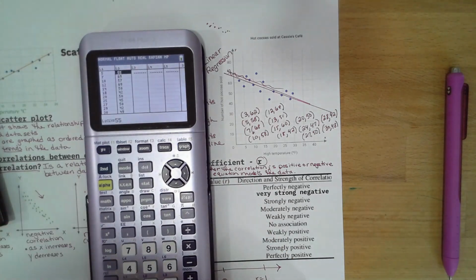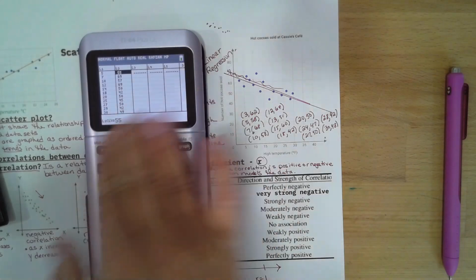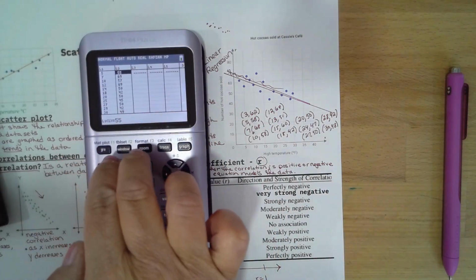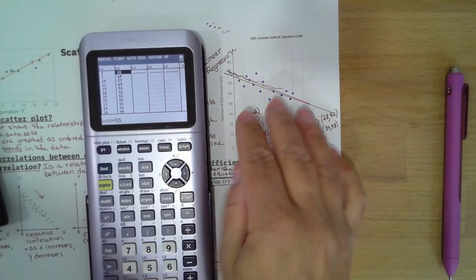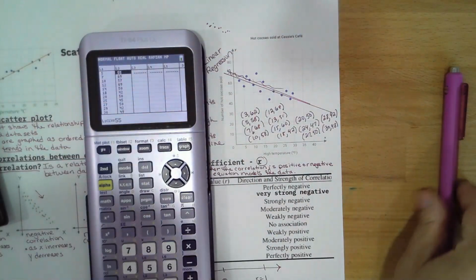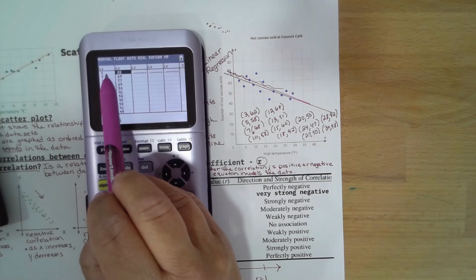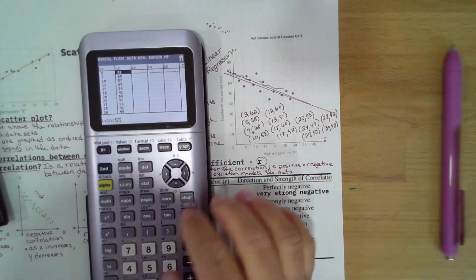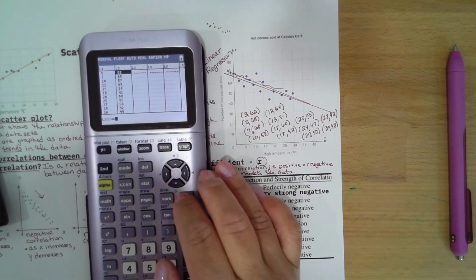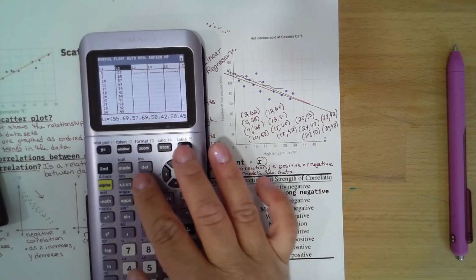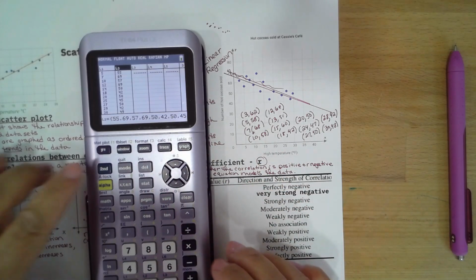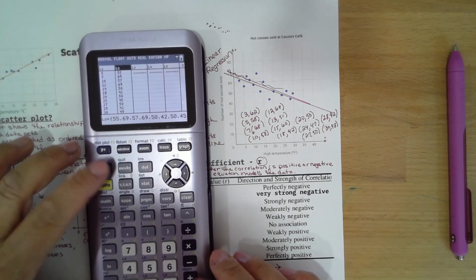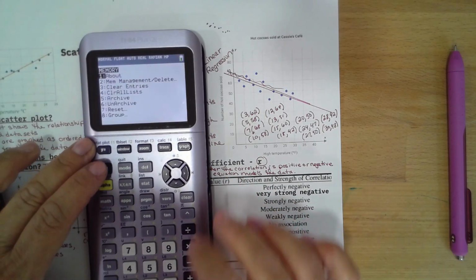and Edit. I actually put in a bunch of points earlier, so I'm just going to pretend I put these points into my table. Now if you want to clear your table, you can literally hit clear. An easier way is second mem.